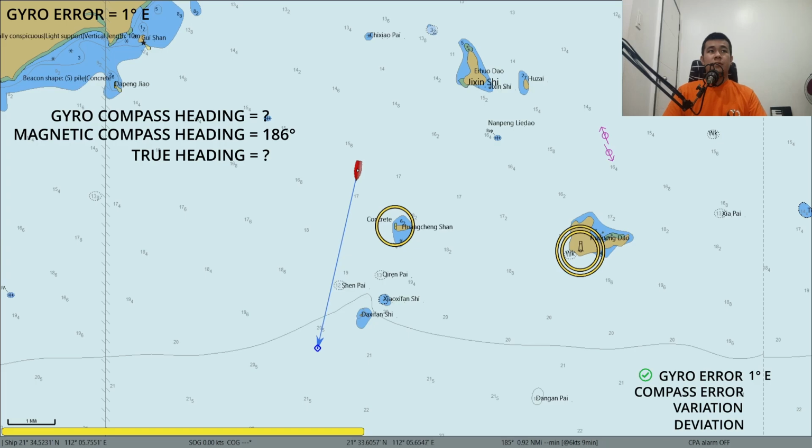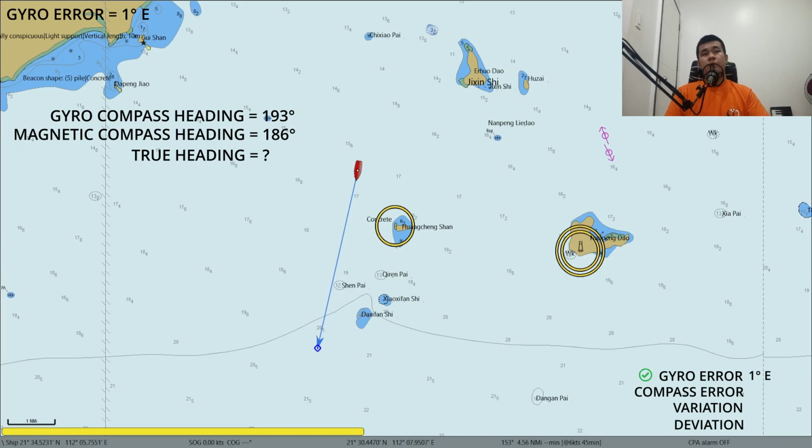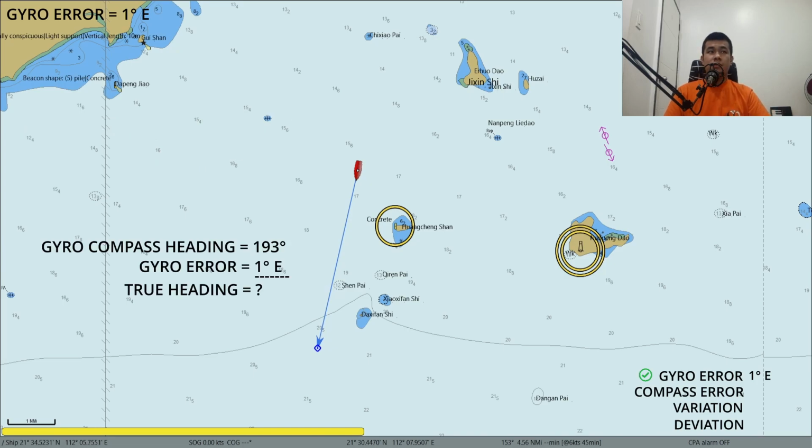Now, to get our true heading, we just need to add our gyro error, which is 1 degree east, to our gyro heading of 193 degrees, following the rule of cadet, or compass add east to true. So 193 degrees plus 1 degree equals 194 degrees.